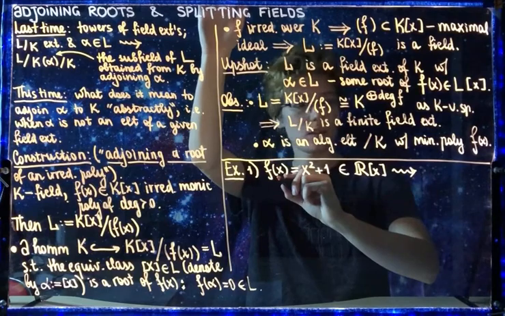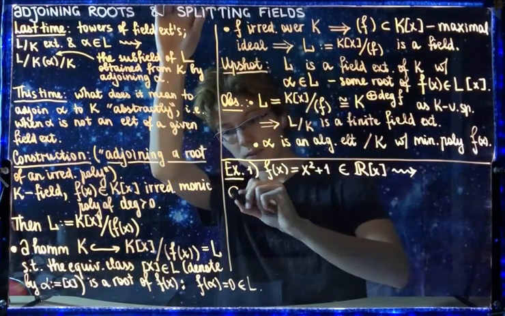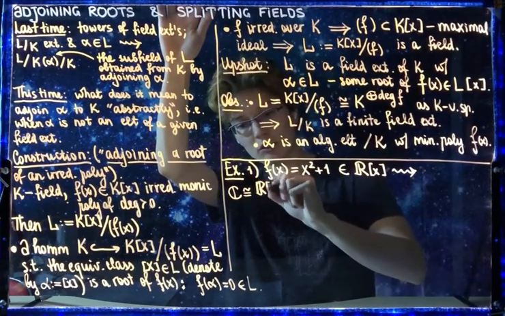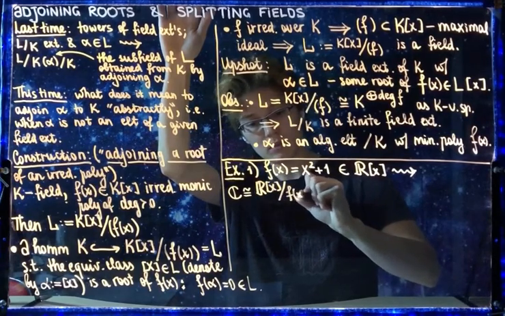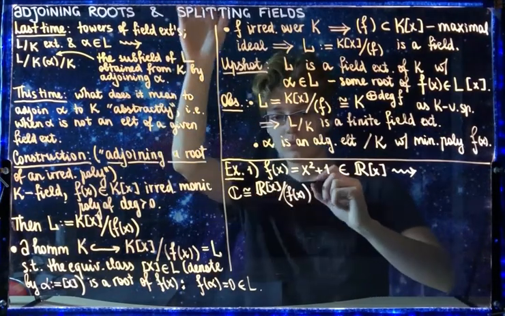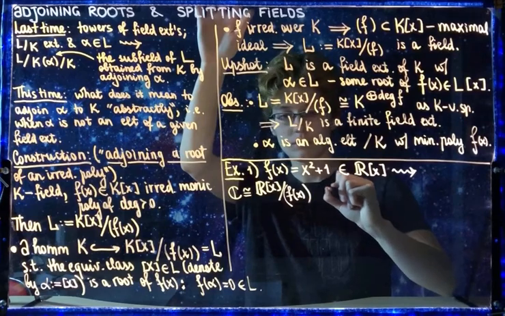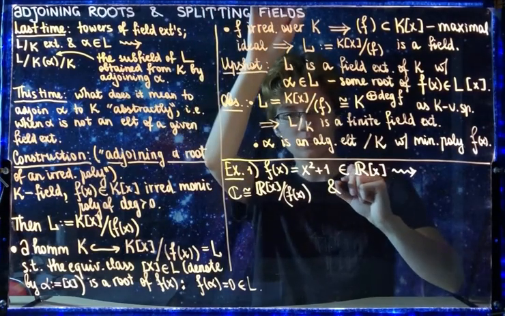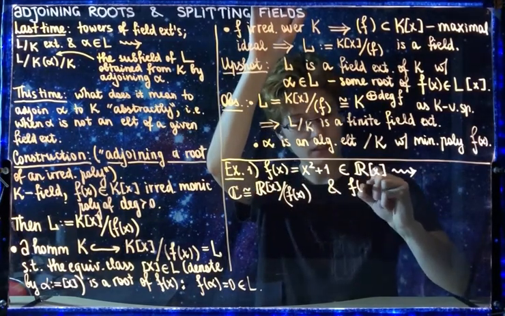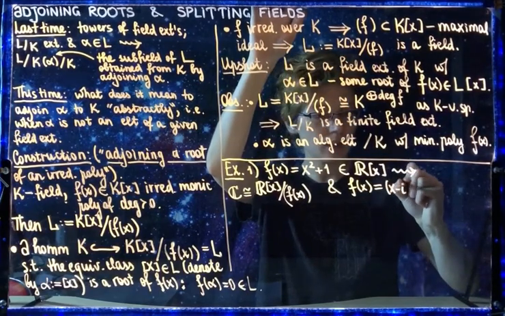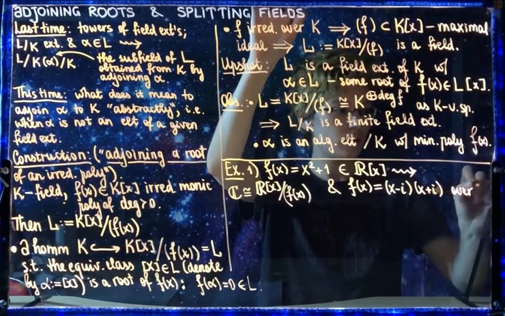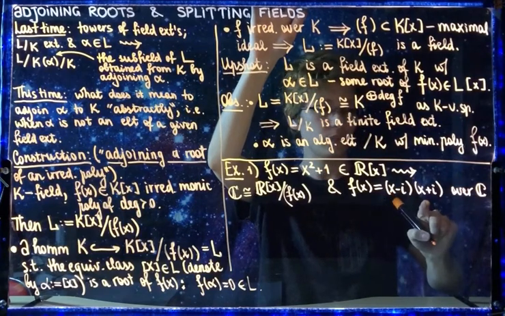Then by adjoining a root of f, I get a field which is isomorphic to C. So I get the field R adjoin x mod out by f of x, and this is isomorphic to C. And we have that i, an element of C, is a root of this polynomial, so we have that f of x is equal to x minus i times x plus i over C. So this polynomial splits into linear factors.